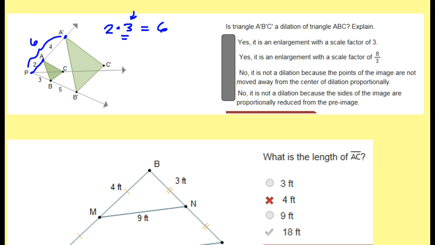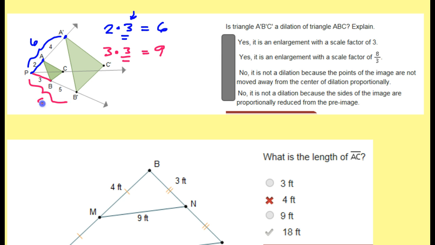So let's look at point B. The original distance of point B is 3. Now, if we do that same scale factor of 3, then the new distance should be 9. But look what the new distance is.